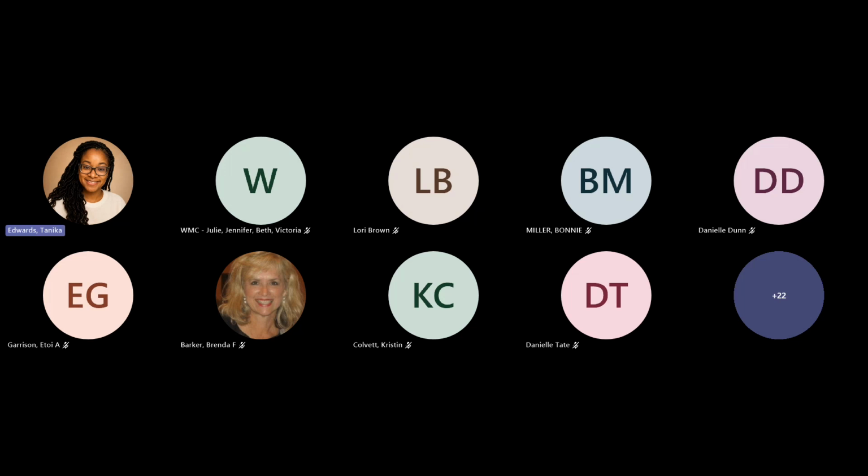Okay, and then we'll have Bonnie review the next steps for the project. So the next steps are to make sure that your team is registered for the project. Look over the toolkit.